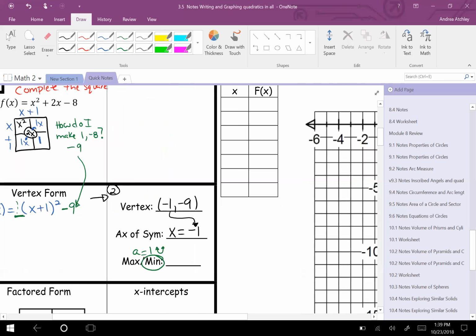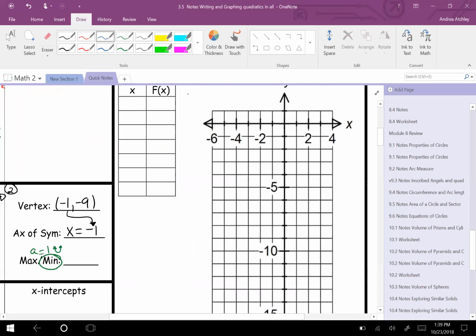So this is step 3, graphing. So I can use the -1 and -9 as my vertex and graph that. I can also graph my axis of symmetry, which goes right through the center. x equals -1, which is right here.